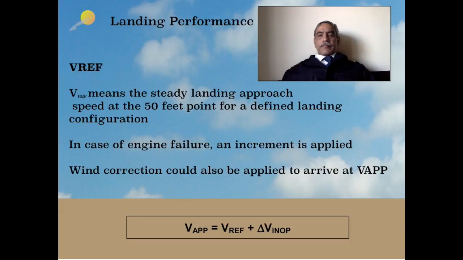Of course, there will be an increment. This is fixed for the configuration, and there will be an increment in case of an engine failure, and an increment in case of wind speed or gusty conditions, as defined in the flight manuals of that particular aircraft.